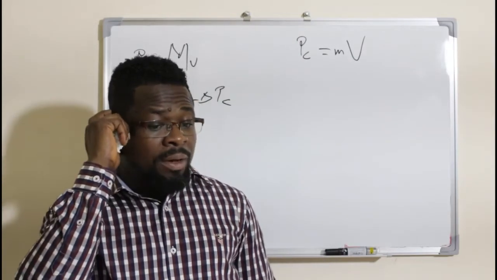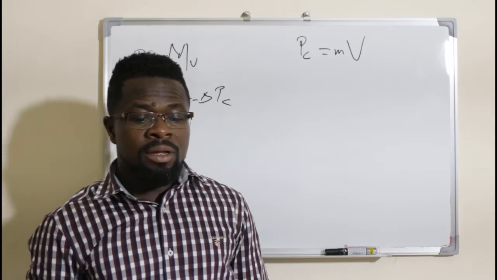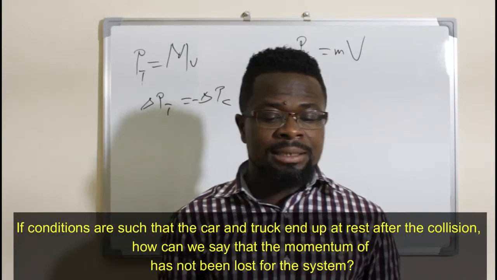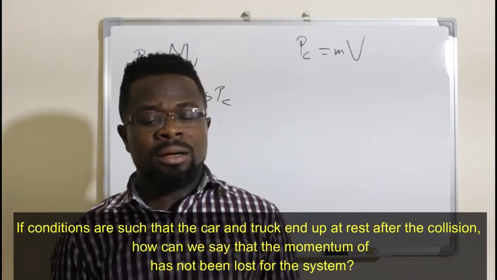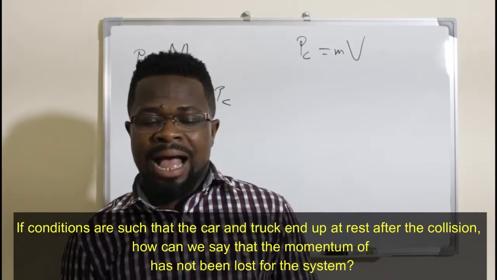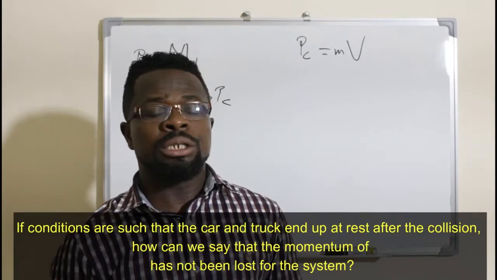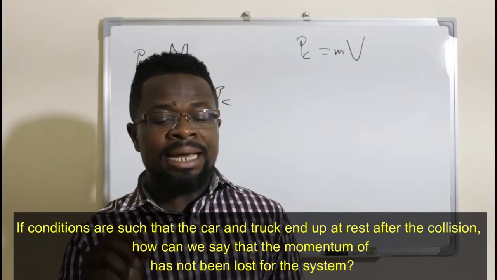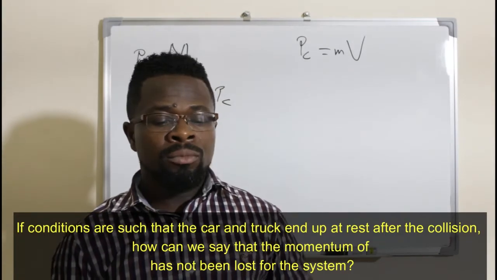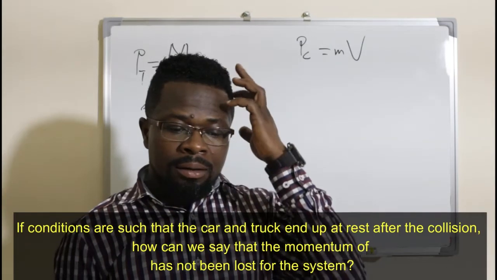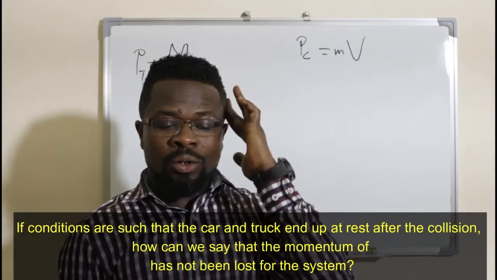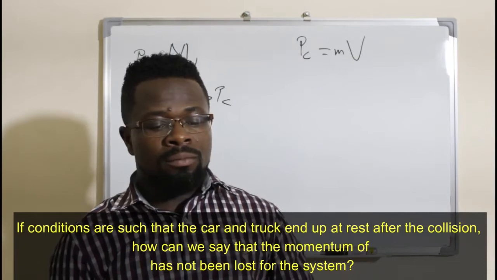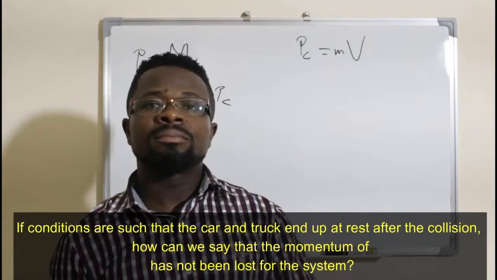If you look at the next question, it says, if conditions are such that the car and the track end up at rest after the collision, how can we say that the momentum has not been lost for the system?